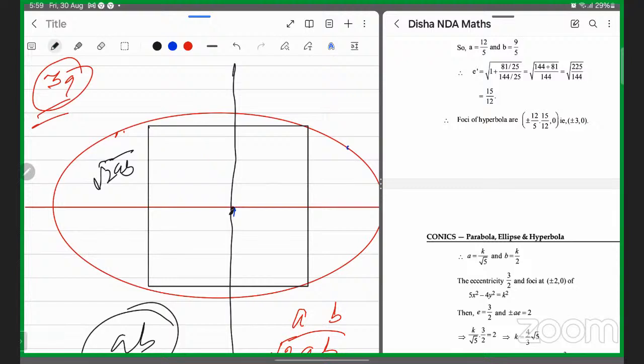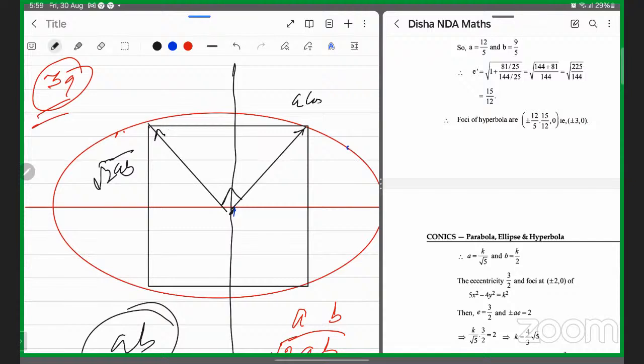Suppose that you find this is a square, right? So here you will find 90 degree. So obviously, what is the radial length?